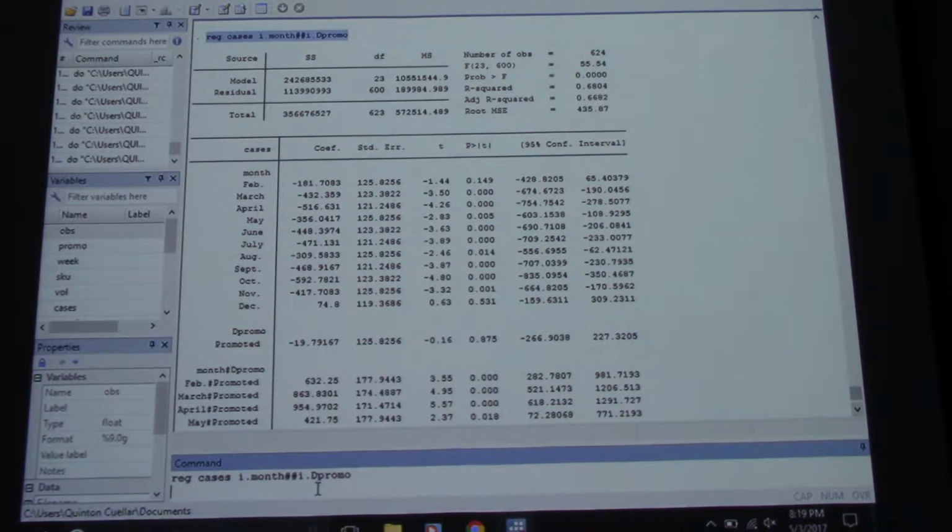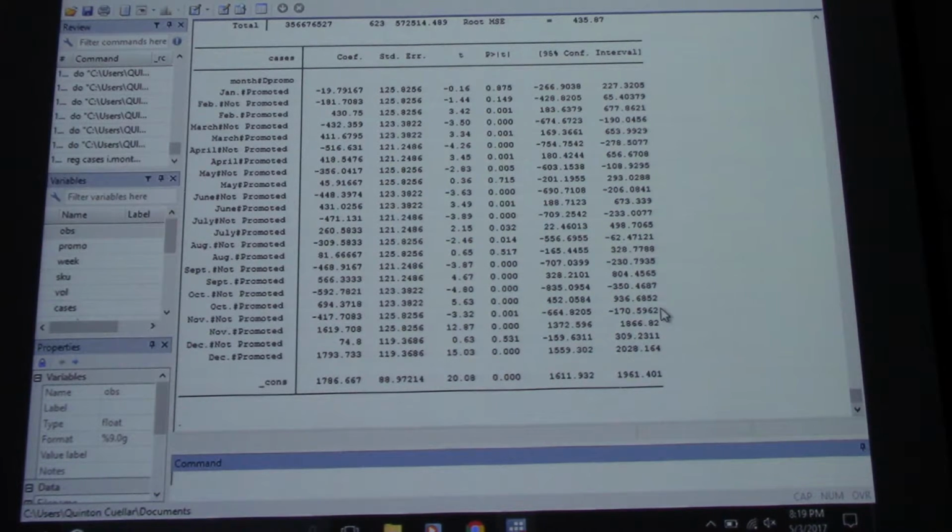If we wanted to compare sales by month, promoted and non-promoted, we'd have to construct dummies and interactions. So we've done that before. What the hashtags do is do those for you. So if you just put, for example, a single hashtag, it does just the interactions.